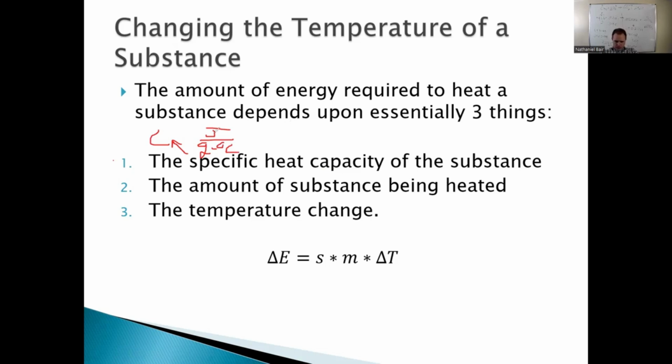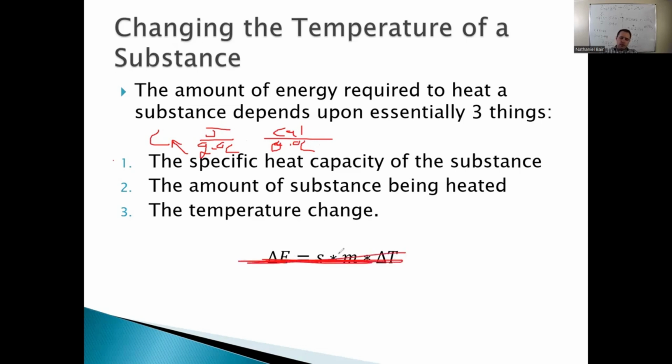It can also be in calories per gram times degrees Celsius. So specific heat capacity has pretty crazy units because it's the amount of energy needed to raise a gram of a substance 1 degree Celsius. So it's got to have those 3 units in it to make it all work out.